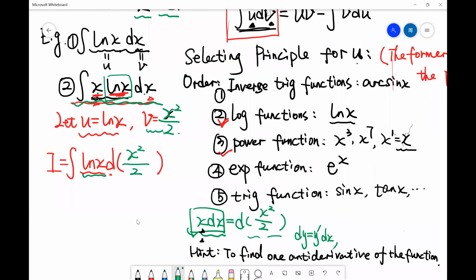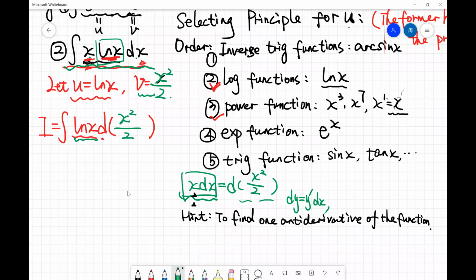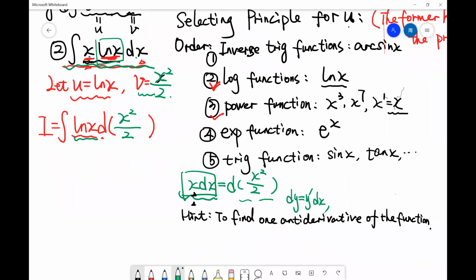Okay, so now we make it clear which is u and which is v, right? And then we can use the formula. And I will write the formula again to make you see it clearly, and you'd better remember it now so we can use it. That is integral u dv equals uv minus integral v du, right? So here we have known that u equals ln x and v equals x squared by 2, right?